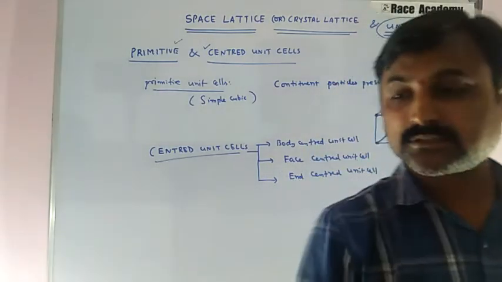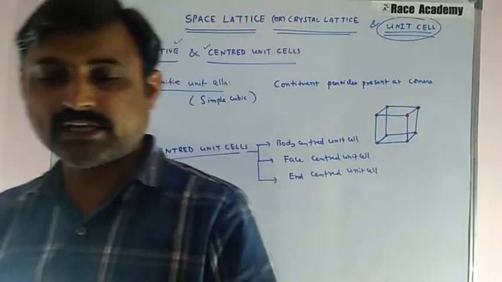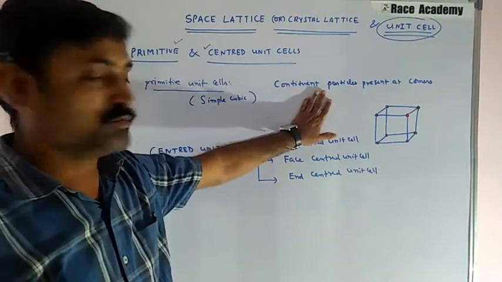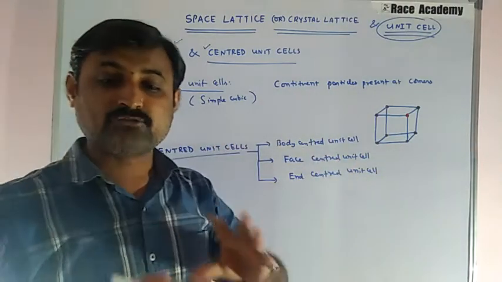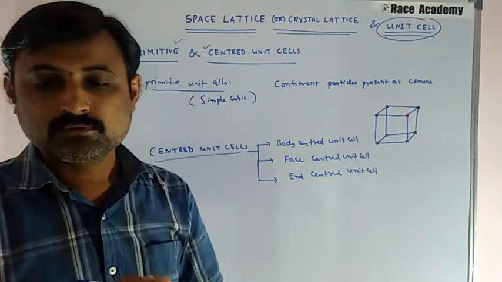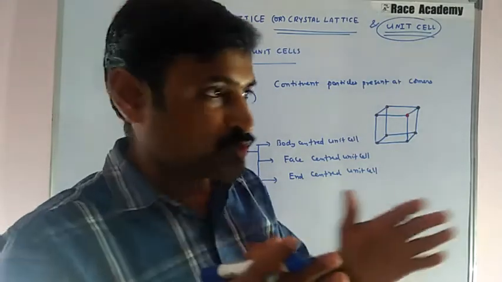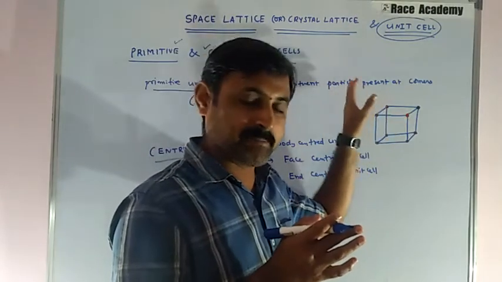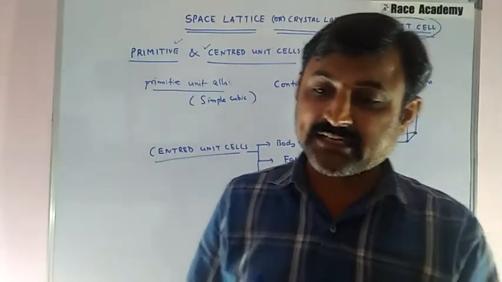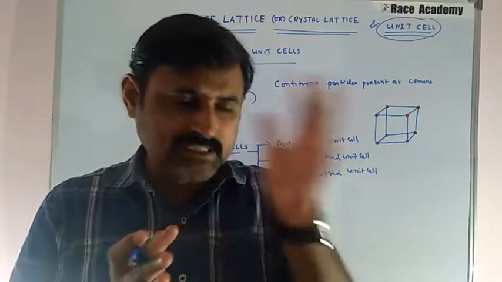First, what is the body centered unit cell? Lattice points are there at the corners like the primitive, but we are highlighting one more point, at the center of the cube. That means points are located at the corners as usual, but one point is present at the center of the unit cell, at the intersection of all the diagonals.